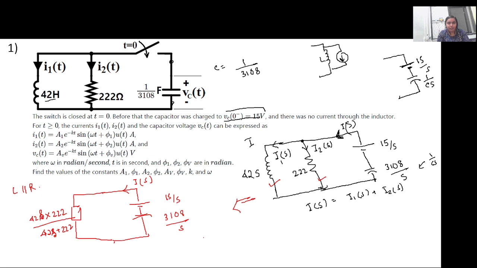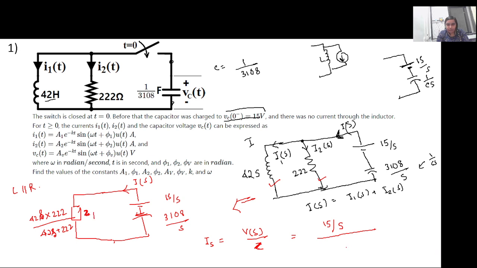So whatever the value of I(S) will be, it is the available voltage V(S) by whatever the Z is in the frequency domain, right? So the available voltage that we have is 15 by S, and the net Z will be, now the capacitor is in series with the parallel combination of the inductor and resistor, right?